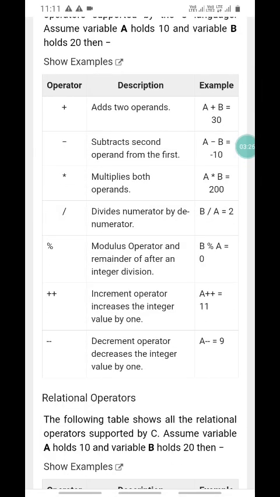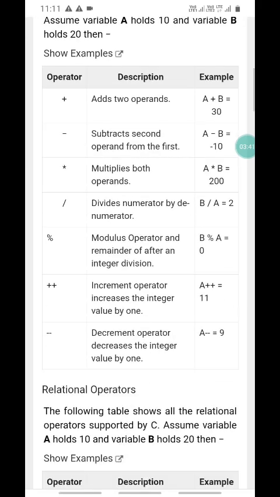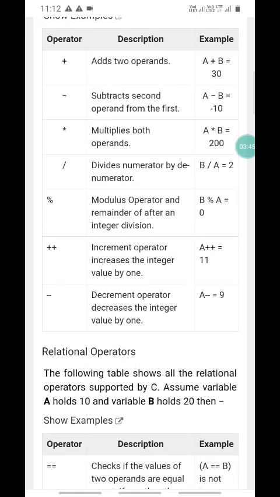It is the same as the division operator, but it shows the remainder, the last remainder answer. The division operator gives the quotient, and modulus gives the remainder.